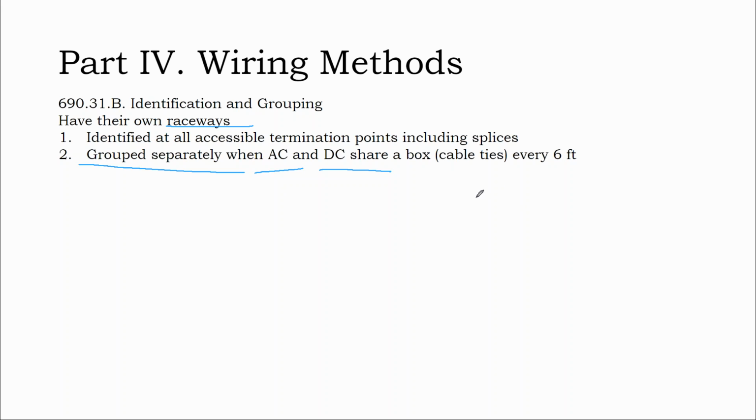So you can't have the AC conductors tie wrapped with the DC conductors. They need to be identified at all points, including splices. Which one's positive, which one's negative. Identification can be the colored cable plus numbers, or it could be colored tape plus numbers.